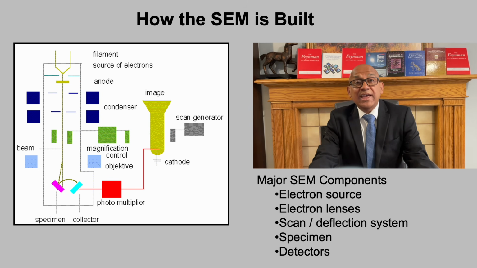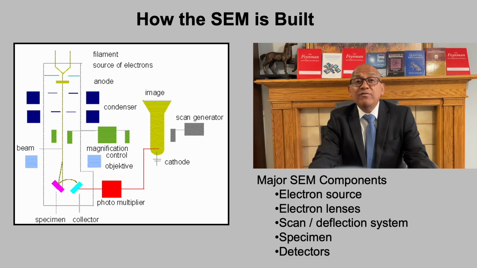This beam is then shaped by electron lenses into a fine probe at the specimen, while the scan system controls how that probe is rastered across the surface, defining magnification. As the beam interacts with the specimen, various signals are generated and collected by different detectors, and these signals are converted into an image by the computer.